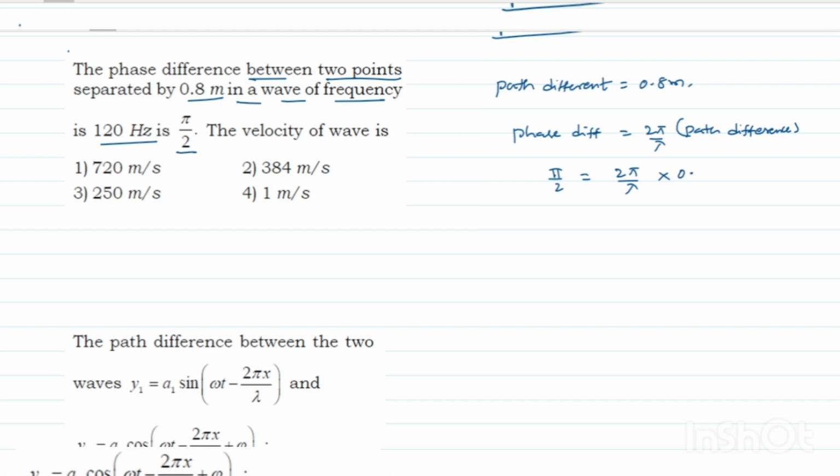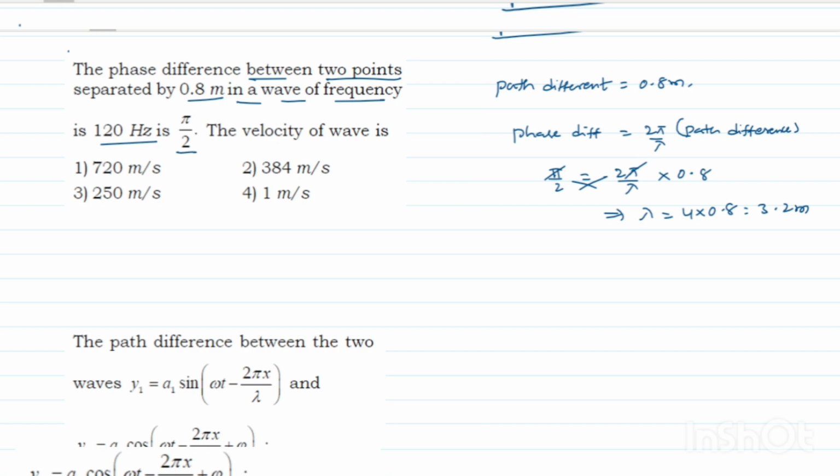The phase difference is already given as pi by 2, which equals 2 pi by lambda into 0.8. Here pi gets cancelled, so cross multiplying, lambda equals 2 twos are 4, 4 into 0.8, which is nearly 3.2 meters. This is the lambda value.